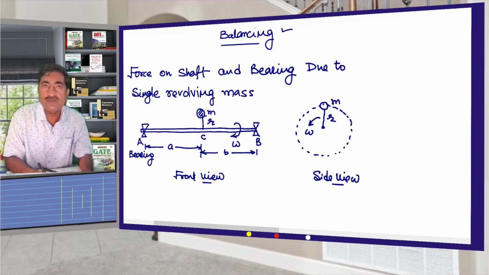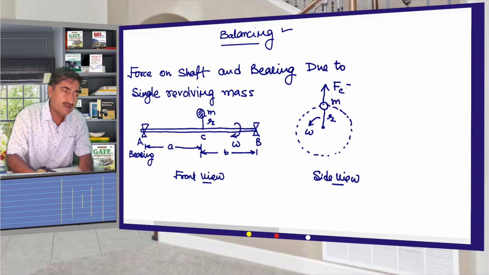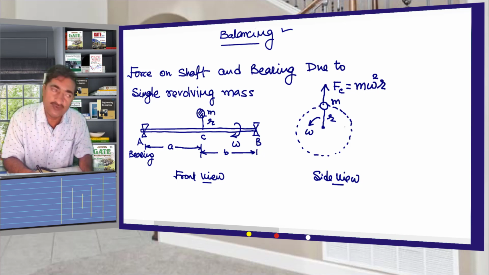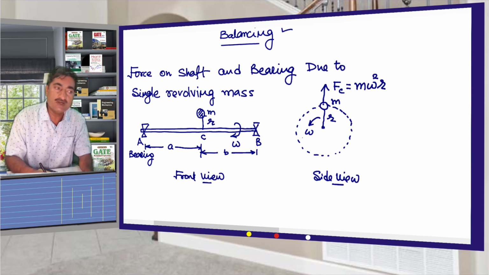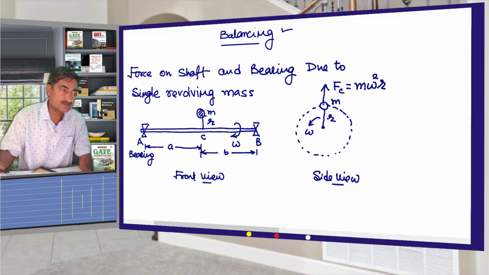Due to the rotation of mass m, the force acting on mass m is the centrifugal force Fc, which is equal to m omega square r. Now the direction of the centrifugal force is continuously changing, but the magnitude remains constant.